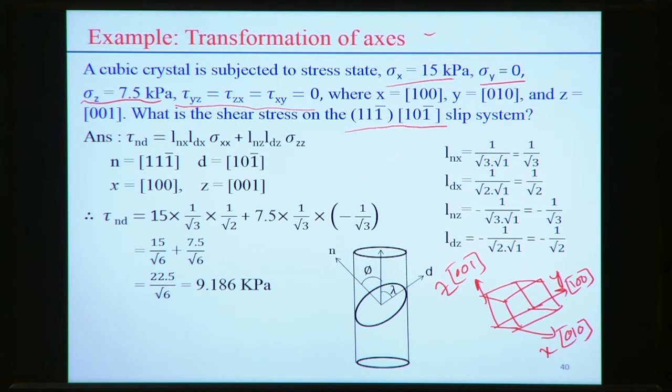Here the 111 defines the plane, the plane where the slip will occur.